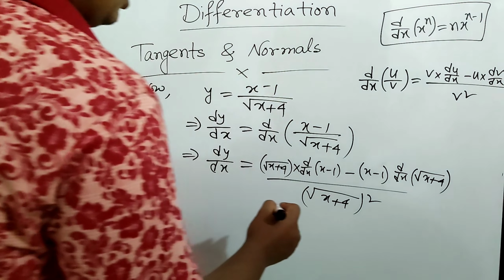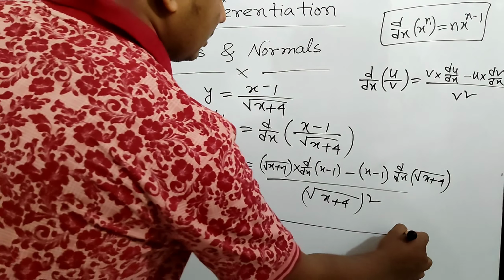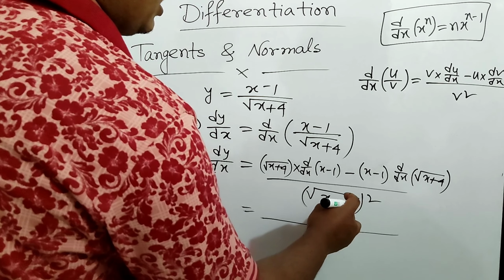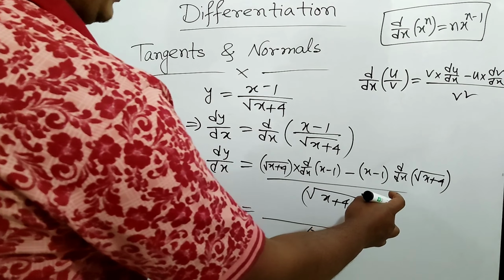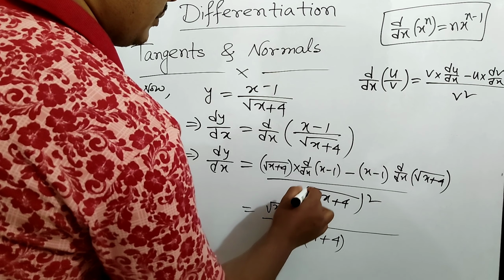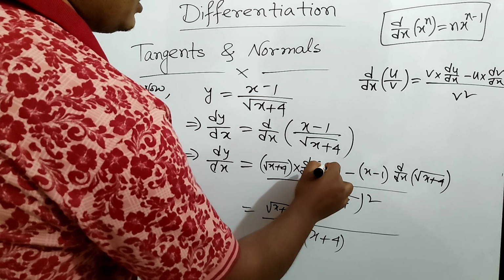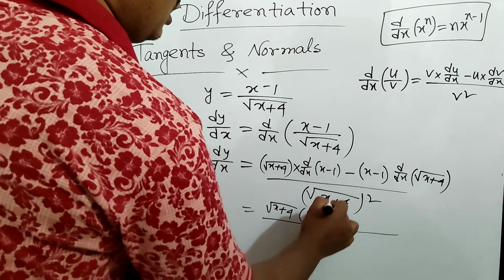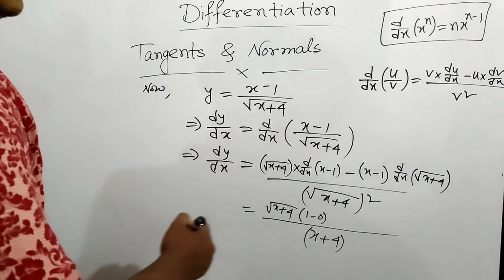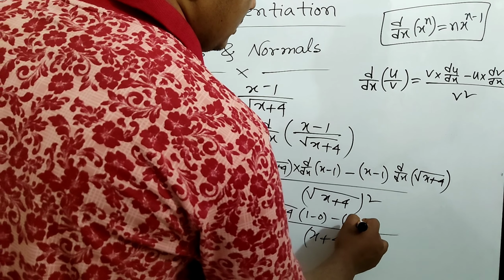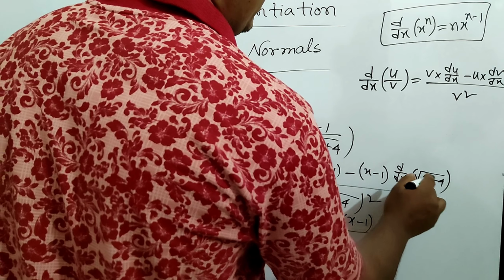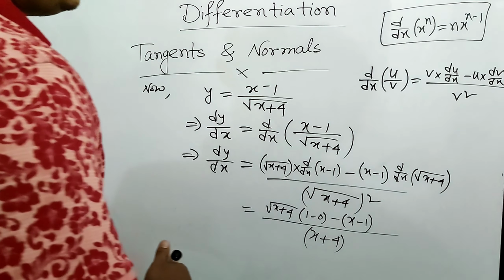Now if you do the differentiation, the denominator should be only x plus 4, because if you do the square, the square root and square will cancel. Here, x plus 4 multiplied by the differentiation of (x minus 1), which should be 1 minus 0. Here 1 is a constant, and the differentiation of any constant is 0. For the second part, look at the root of (x plus 4): here you must use the chain rule.